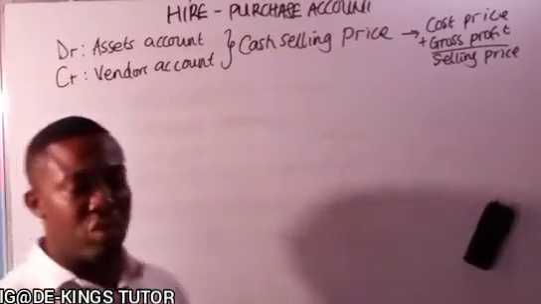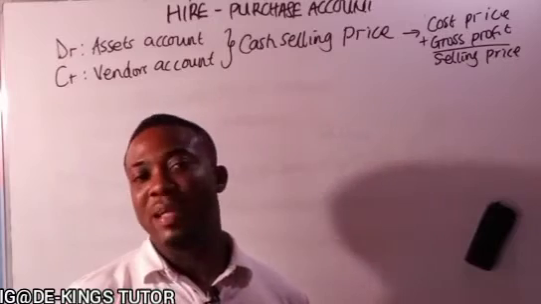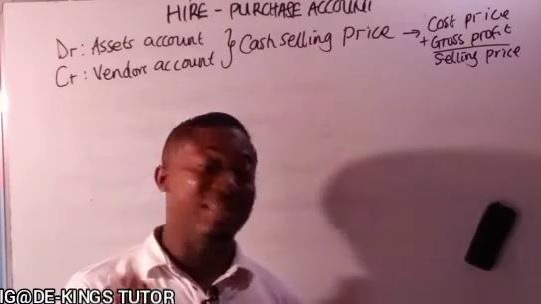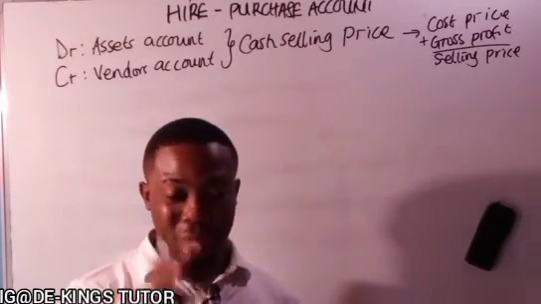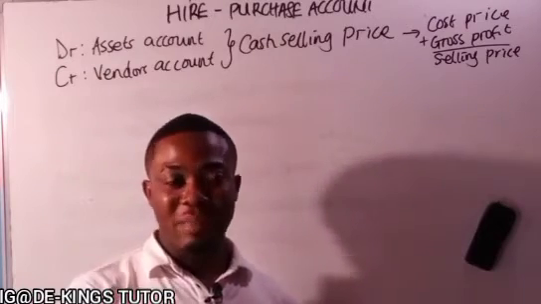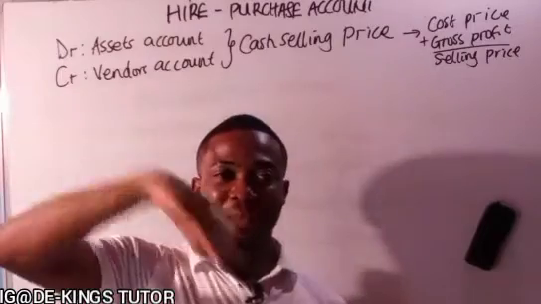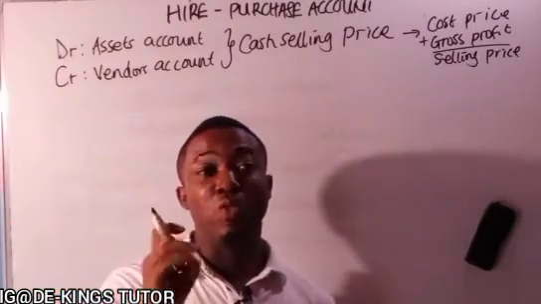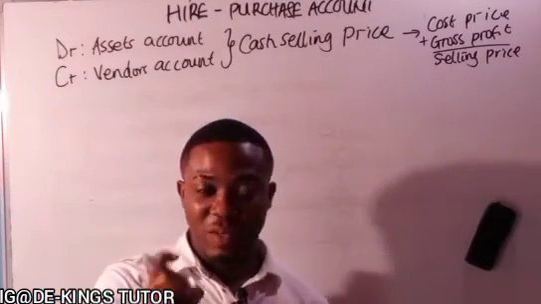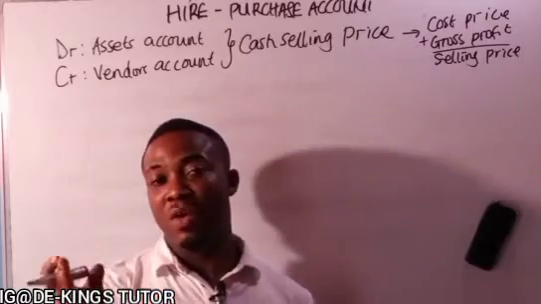Now, if they have known the selling price, it is now required to decide: are we buying the asset immediately or do we want to enter into a hire purchase contract? That means we want to spread the cost over a number of years. If they are spreading it, an initial deposit will have to be made before the contract kicks off.